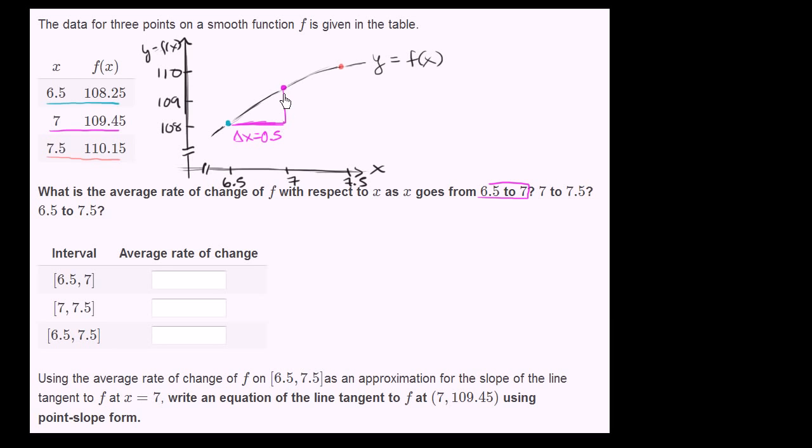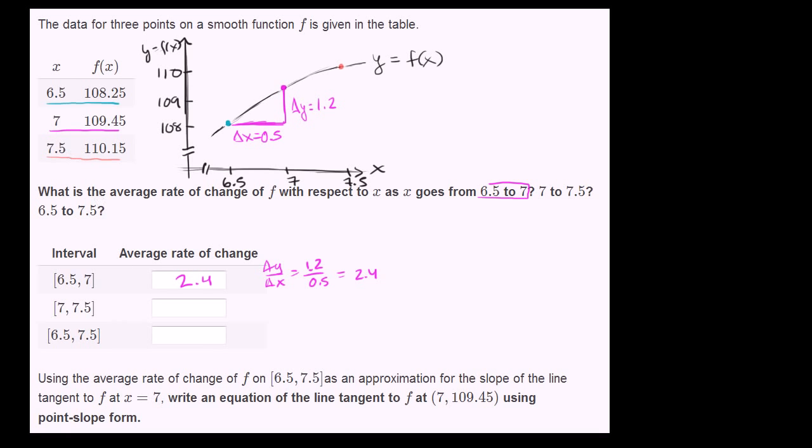And our change in y here is equal to, let's see, we end up at 109.45 minus 108.25, which is 1.2. So our average rate of change over this interval is our change in y over our change in x, or 1.2 divided by 0.5, which is equal to 2.4.